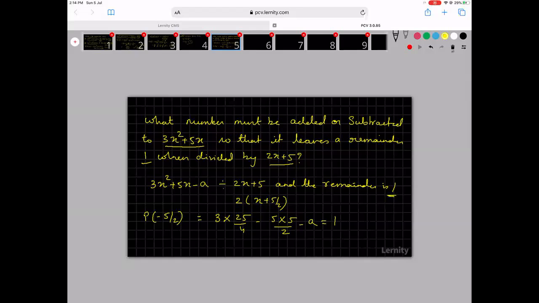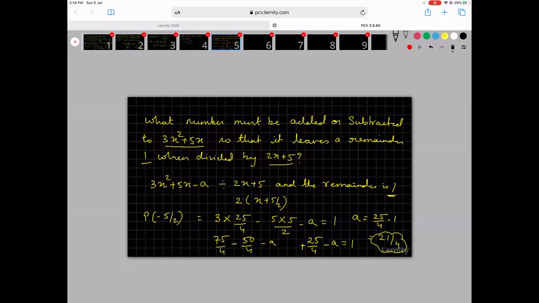So let's quickly work it out. This is 75 by 4 minus 50 by 4 minus a, so we have 25 by 4 minus a is equal to 1. From there I'll say a is equal to 25 by 4 minus 1, which is 21 by 4.